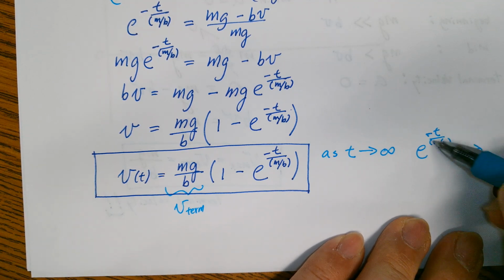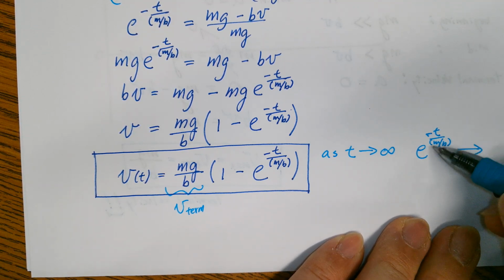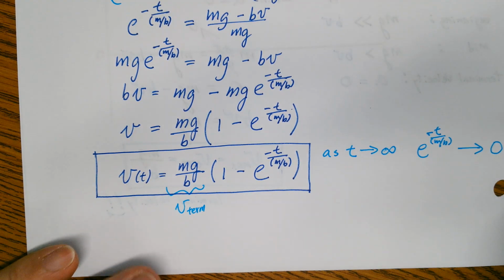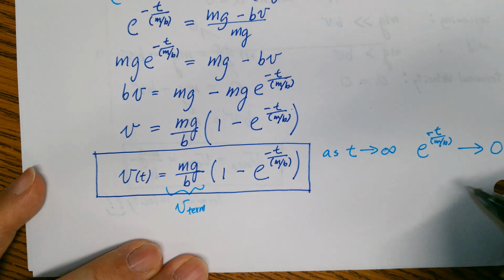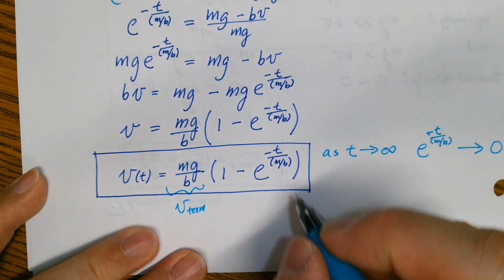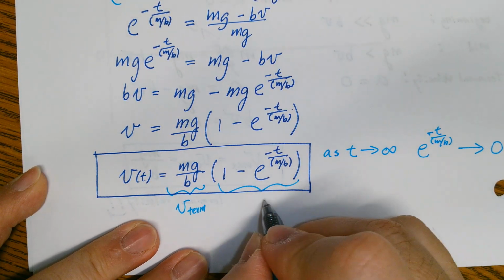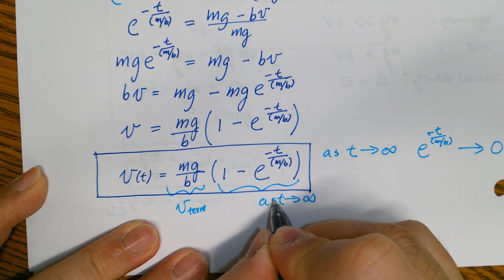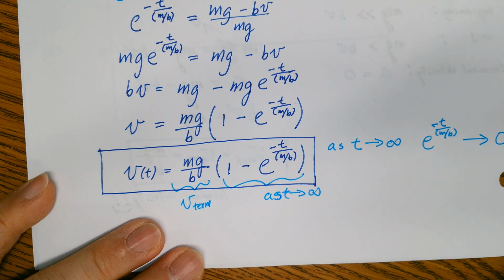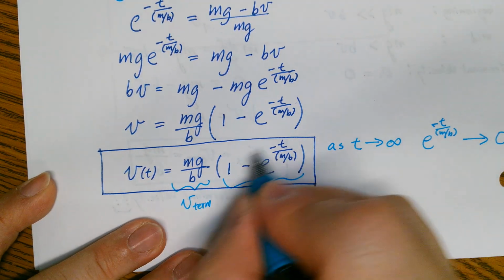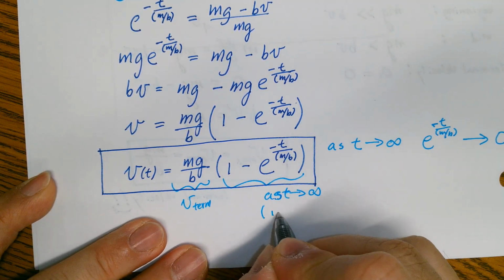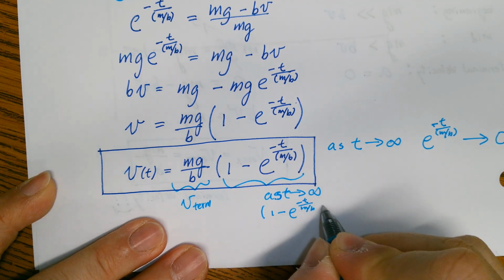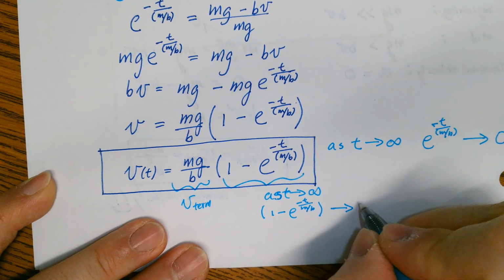If this goes to infinity, e to the infinity becomes a large number, and 1 over a large number goes to 0. Does that make sense? Then for this whole term, as t approaches infinity, 1 minus e to the negative t over (m over b) goes to 1.